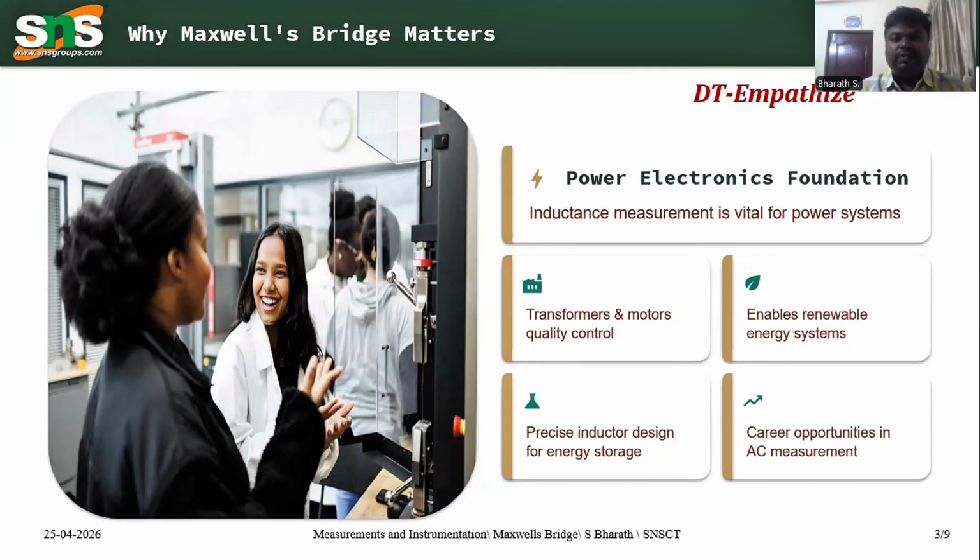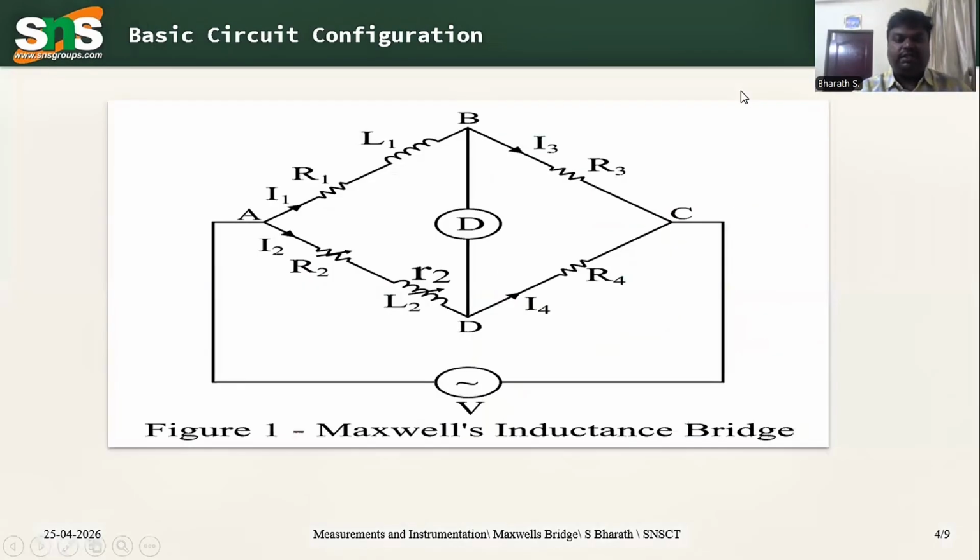The use of Maxwell's bridge is to find out the inductance measurement for power system networks and power electronics concepts, transformers and motors, quality control, renewable energy systems in power systems, precise inductor designs for motors, generators, and any energy storage devices. Career opportunities in these systems are higher when you use Maxwell's bridge. Because of these advantages, we need to study Maxwell's bridge.